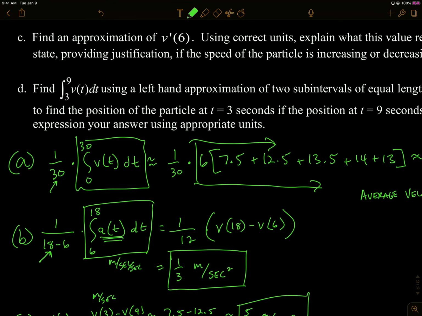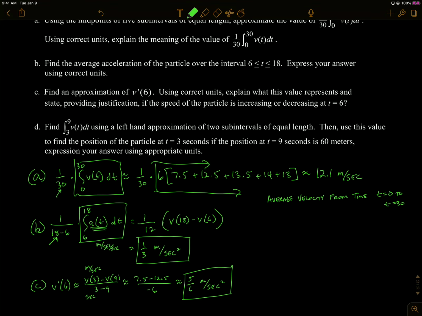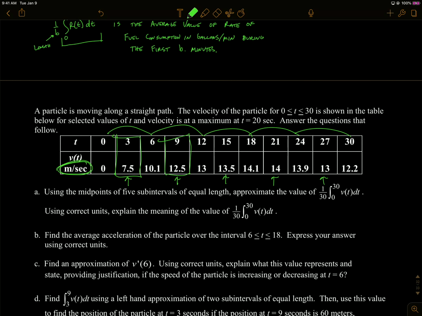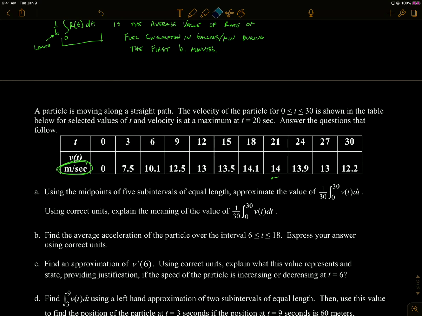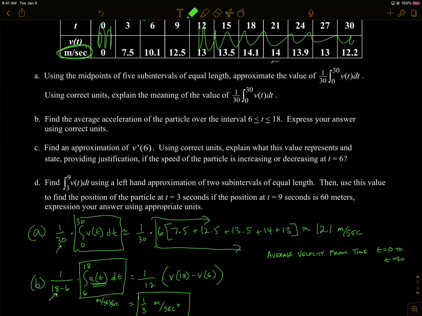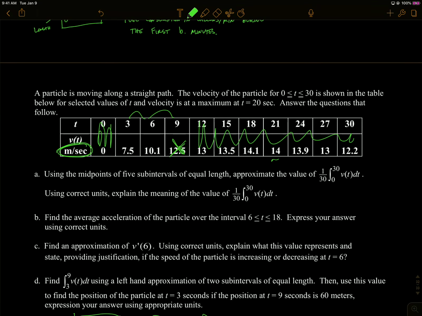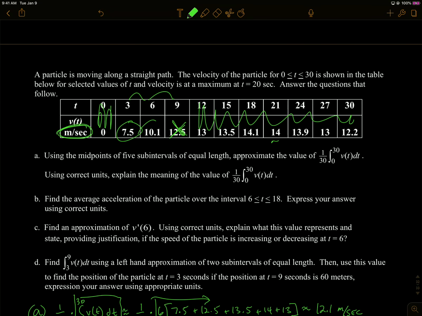D is find the left-hand approximation of two subintervals. We're only going from 3 to 9, so we don't need those. 2 intervals. We're doing a left-handed one, so I'm going to throw out the rightmost height, and I can use these two as my heights.